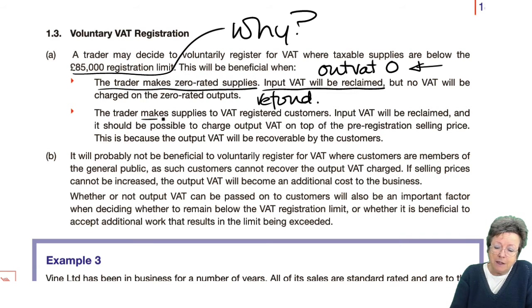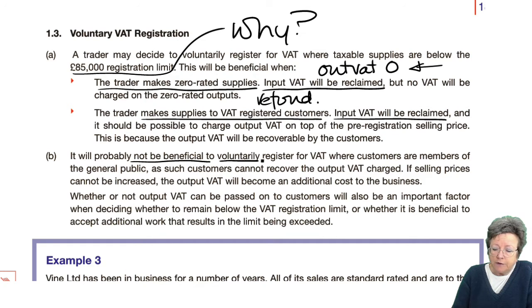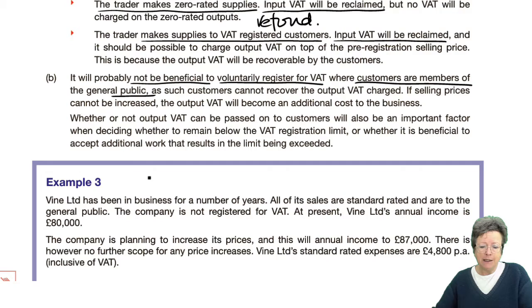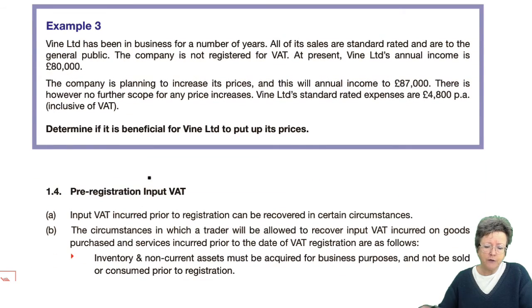It says if they make supplies to customers registered for VAT, input VAT can then be reclaimed. Okay. It says it here, not normally beneficial to voluntarily register where customers are members of the public, because obviously they can't recover the VAT. And we have a little example here that shows how we can work out the situation.